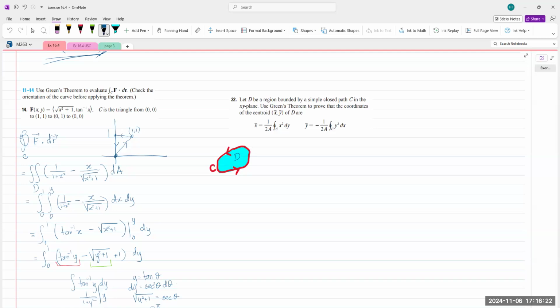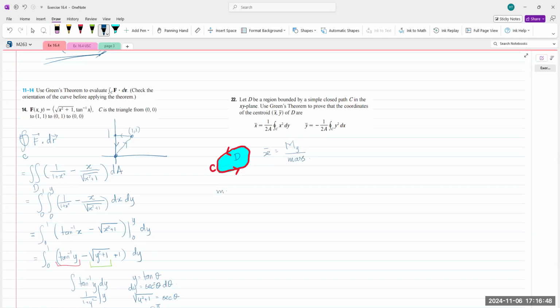Use Green's theorem to prove the coordinates of the centroid of D. The formula for the centroid is x bar equals the moment with respect to the y-axis over the mass, right?